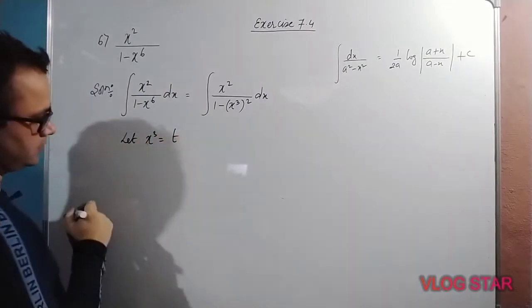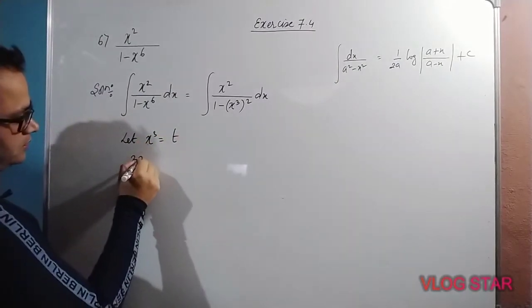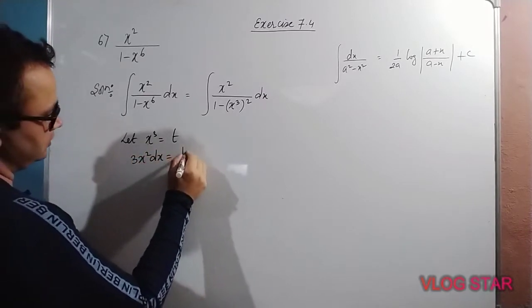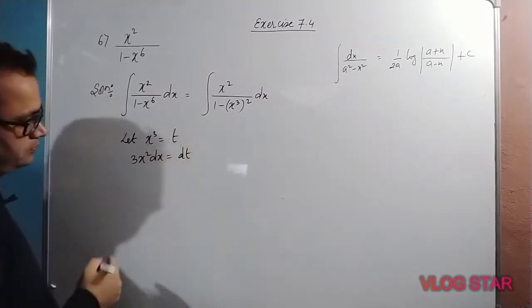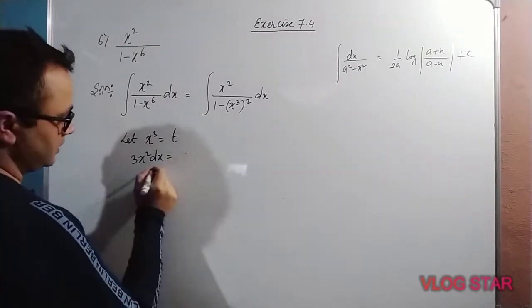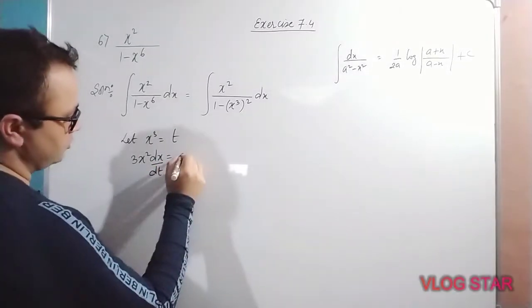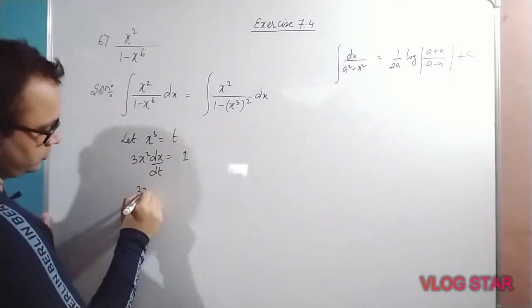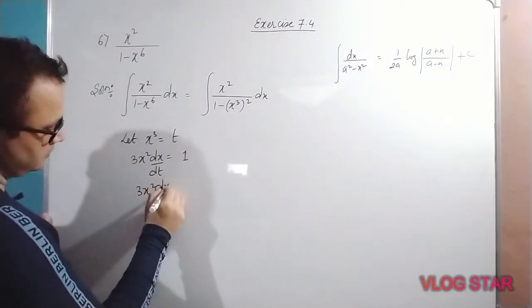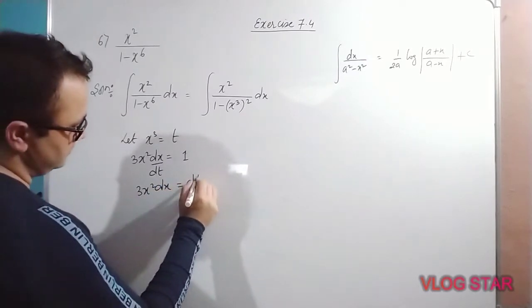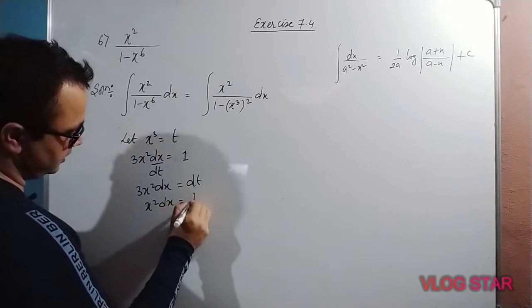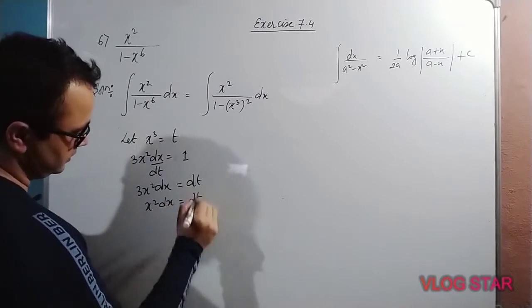Now what is the differentiation of x cube? It is 3x square dx equals dt. After multiplying, dx by dt equals 1, since the differentiation of t with respect to t is 1. So 3x square dx equals dt, and x square dx equals dt by 3.